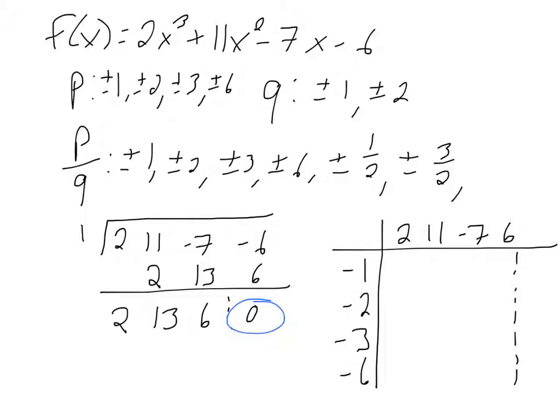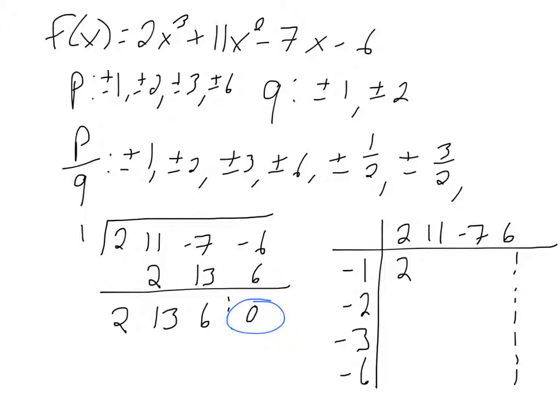And the first row, I just drop down the first coefficient, and this whole row in the middle is not going to exist anymore. We're going to have to just keep that part in our head.